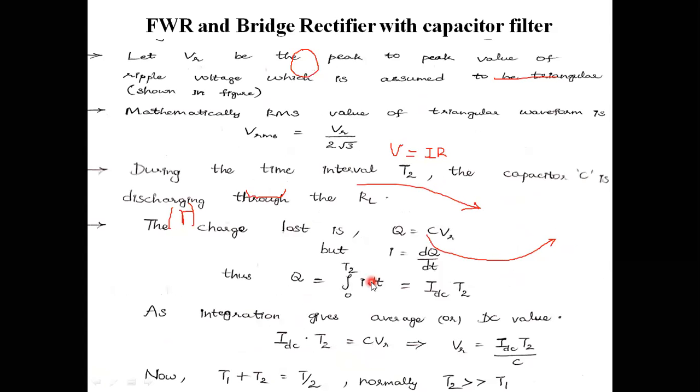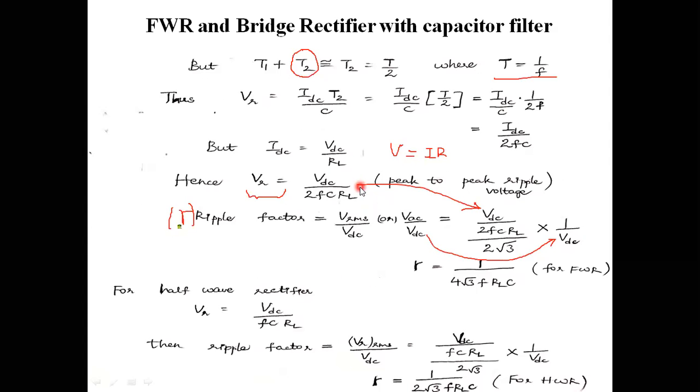Initially we have written that Vrms is equal to Vr by 2 root 3. That same term I am using here, Vrms is equal to Vr by 2 root 3 into 1 by Vdc.